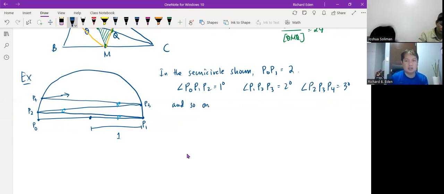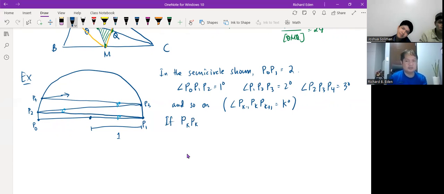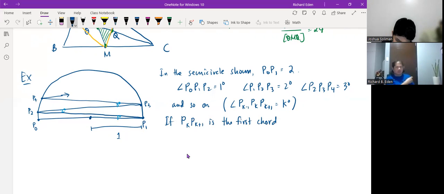Okay. So the general idea is that angle P sub k minus 1, P sub k, P sub k plus 1 is equal to k degrees. If you connect any two P's, we see that those with even indices are on the left, and those with odd indices are on the right.